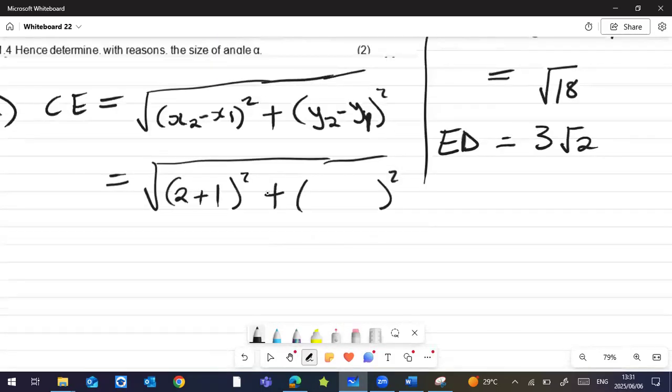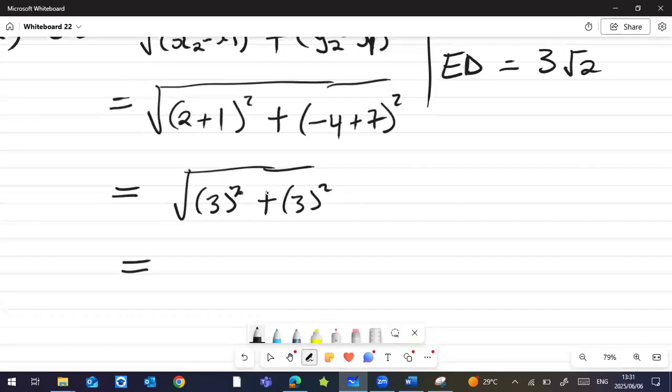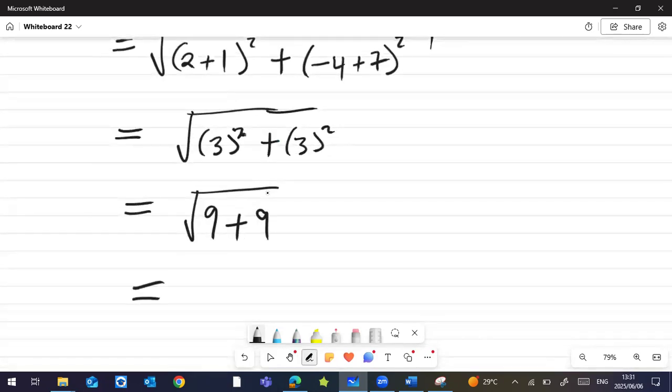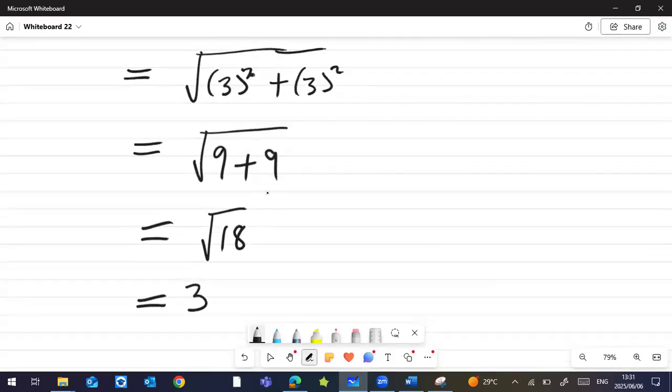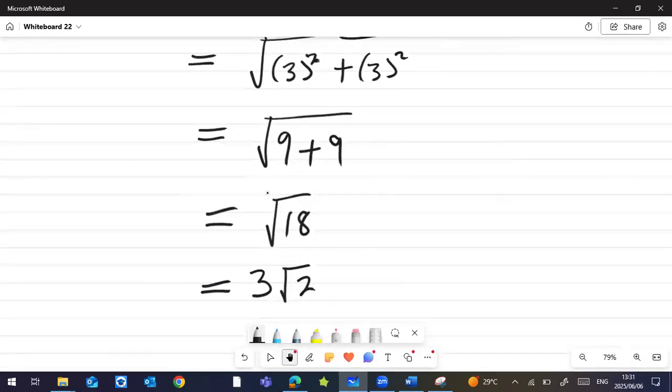So it will be minus 4 plus 7 squared. This ends up being 3 squared plus 3 squared. So you'll end up getting 9 plus 9, which equals the square root of 18. In a simpler surd form, the square root of 18 is 3 square root 2. So that is the distance CE.